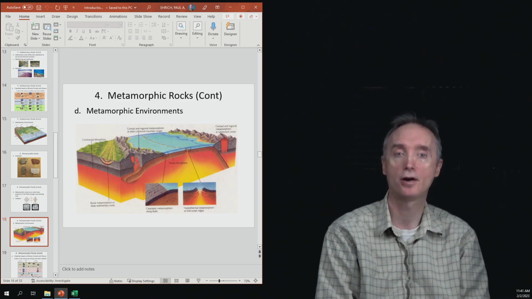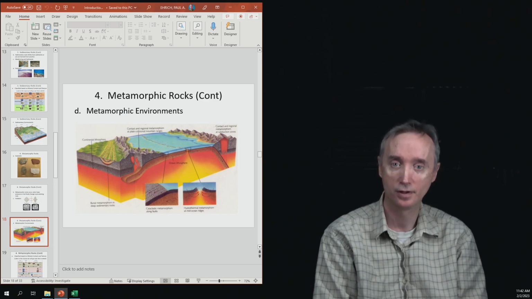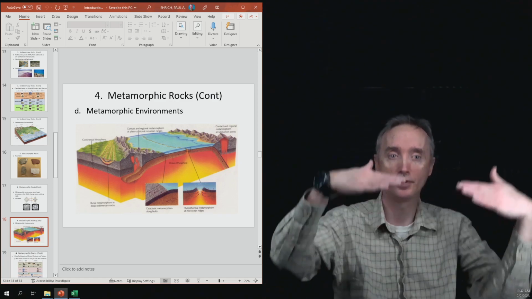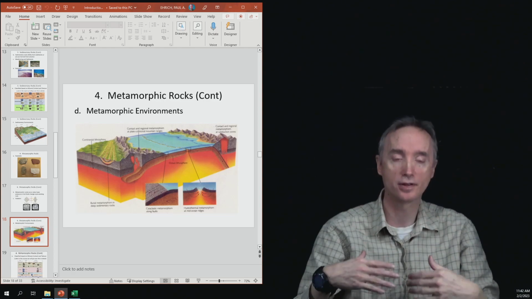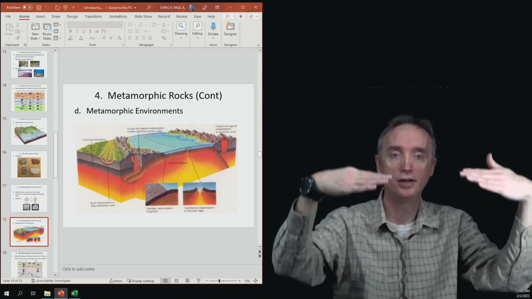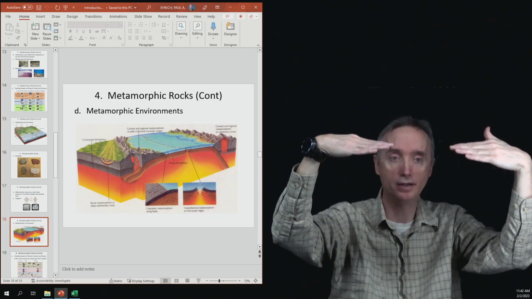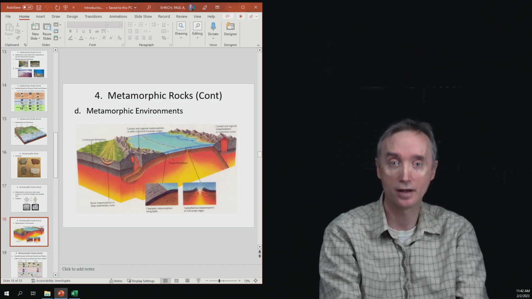If we look at our model of plate tectonics, those same places where you had the igneous rocks, you could definitely have metamorphic rocks. Where the plates were sliding underneath each other, that could cause heat. You could also have where the plates are being pulled apart, so that would make heat. You'd have the hot spots, so that's where you got heat.